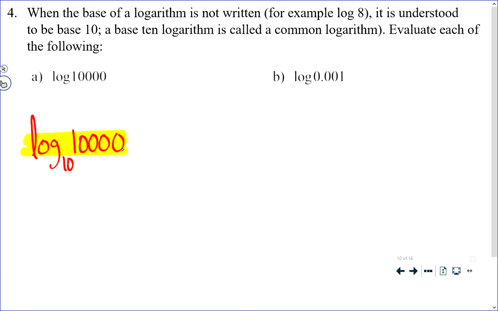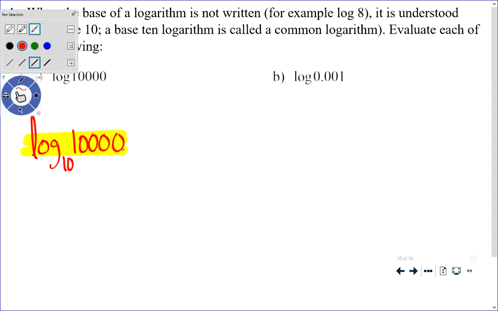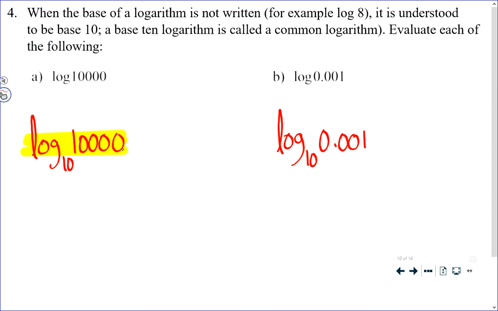So log of 10,000 means log base 10 of 10,000. Log of 0.001 is log base 10 of 0.001. And what this is saying is, to what do I raise 10 to get 10,000? And what the other one is saying is, to what do I raise 10 to get 1 over 1,000? 0.001 is 1 over 1,000.